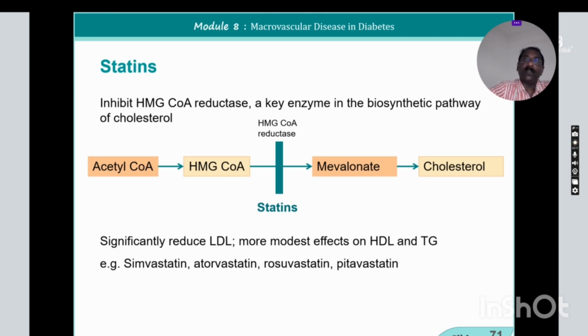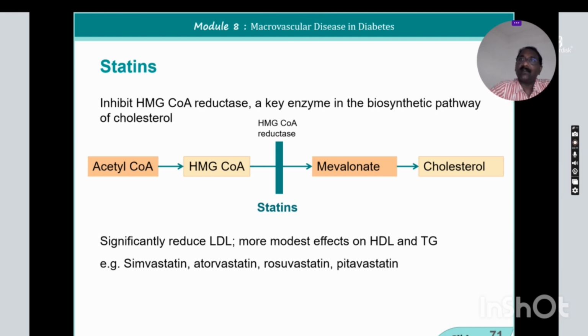So those people who have been on atorvastatin for the last 15 or 20 years, if they are maintaining normal lipid profile levels, don't change to rosuvastatin. Suppose you want to give a first prescription: rosuvastatin is superior to atorvastatin. Am I clear? Suppose my uncle or my mother has been on atorvastatin for the last 15 or 20 years and the lipid profiles are normal. Even though I am saying that rosuvastatin is superior to atorvastatin, you need not change to rosuvastatin.